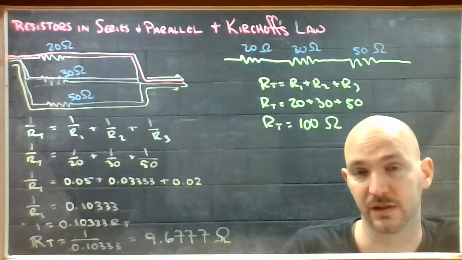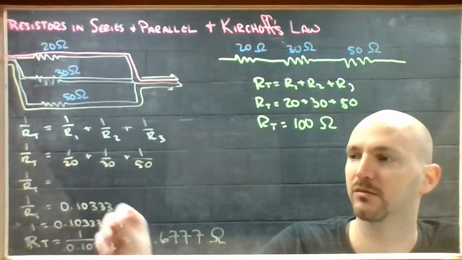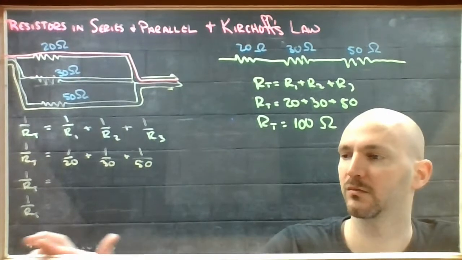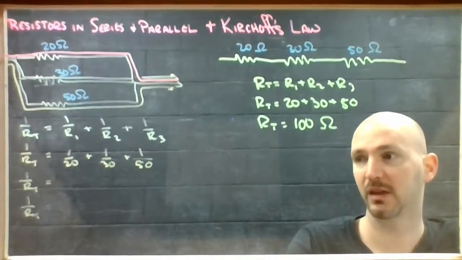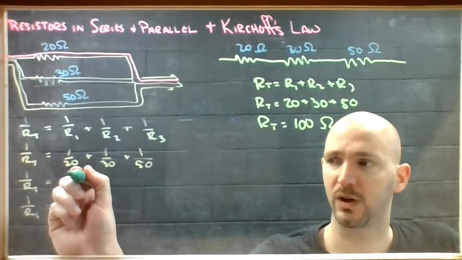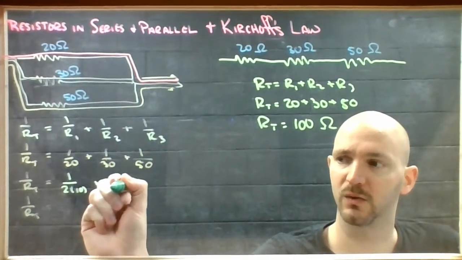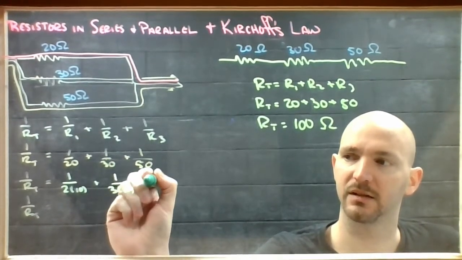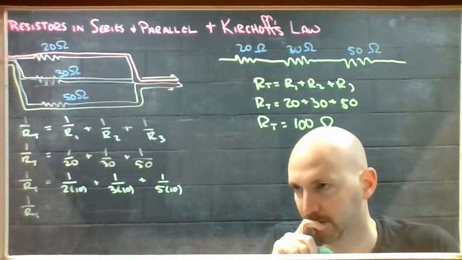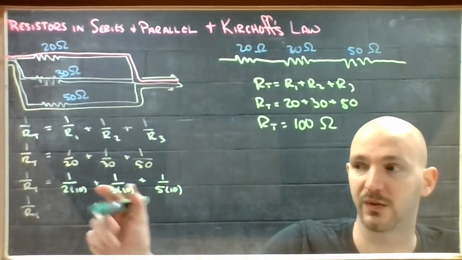I'm going to do this one. I'm going to try and do it in fractions, just so you can see how that is. Okay, so 1 over 20, let's see, that's 1 over 2 times 10. This is 1 over 3 times 10. And this is 1 over 5 times 10. So this thing has a 2 down here, and it doesn't have the 3 and the 5.